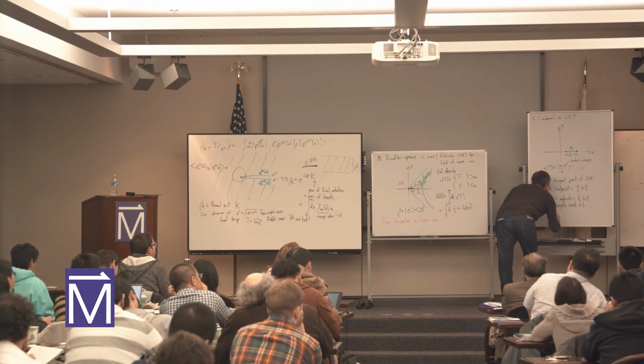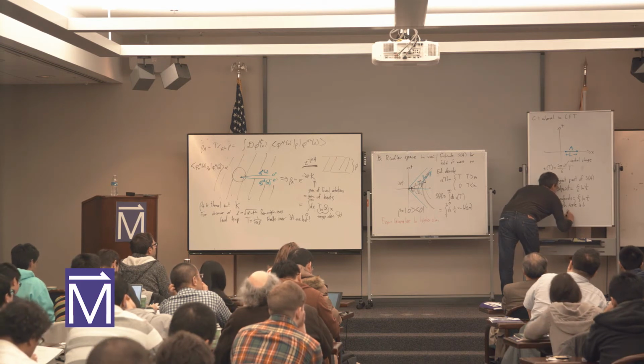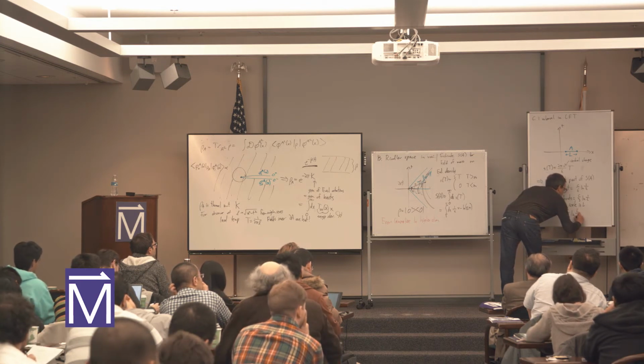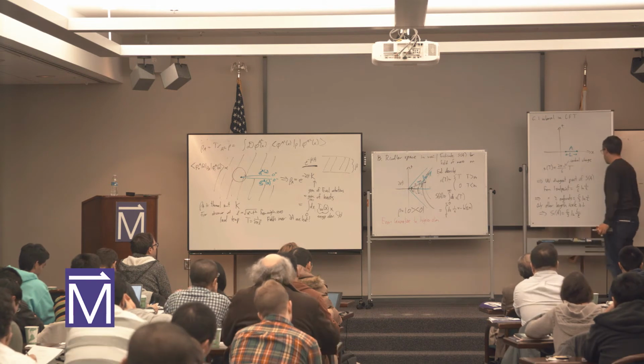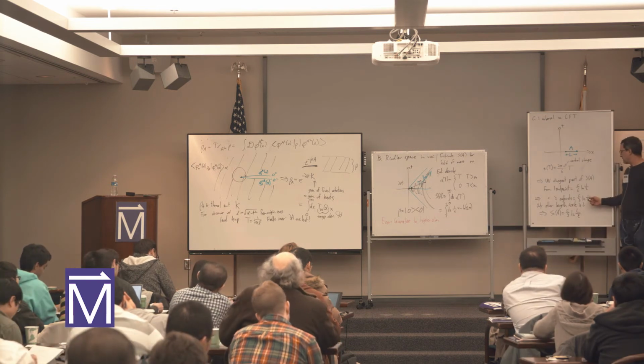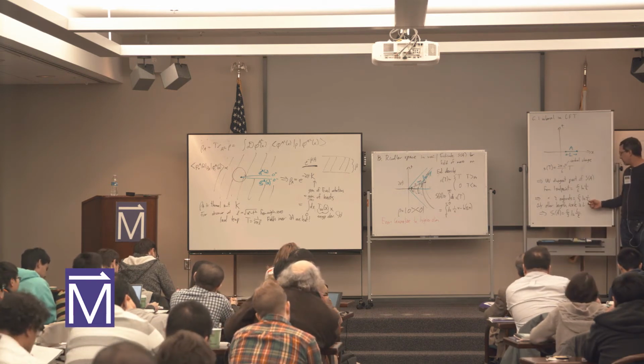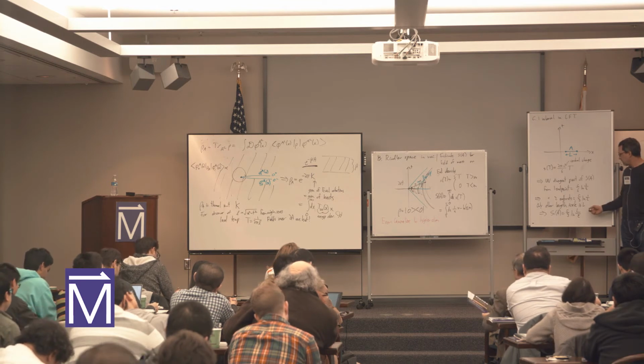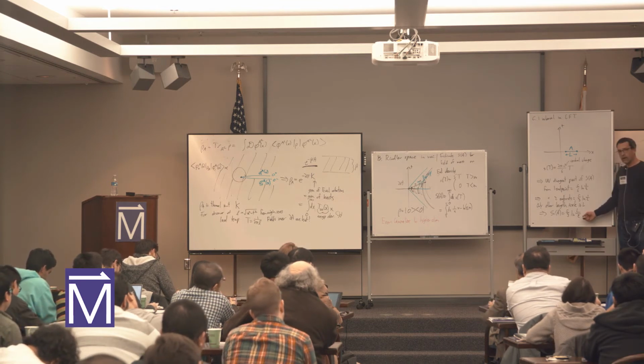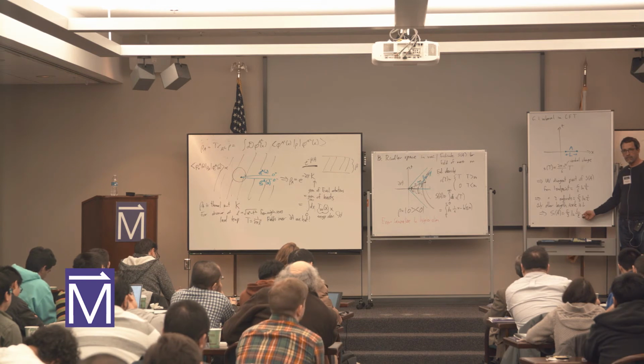So that gives us this formula, S of A equals c over 3 log L over epsilon. I need something with dimensions of length to absorb the epsilon. The only thing is L, and so I get this.